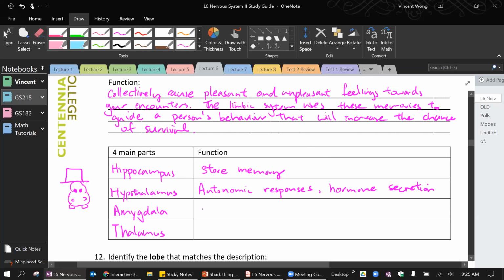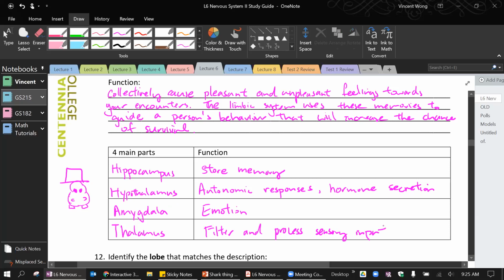Amygdala is the center for emotion. Okay? Anything that you feel, sad, happy, anger, right? All those emotions originate from the amygdala. Okay? And then the thalamus will filter and process sensory input.